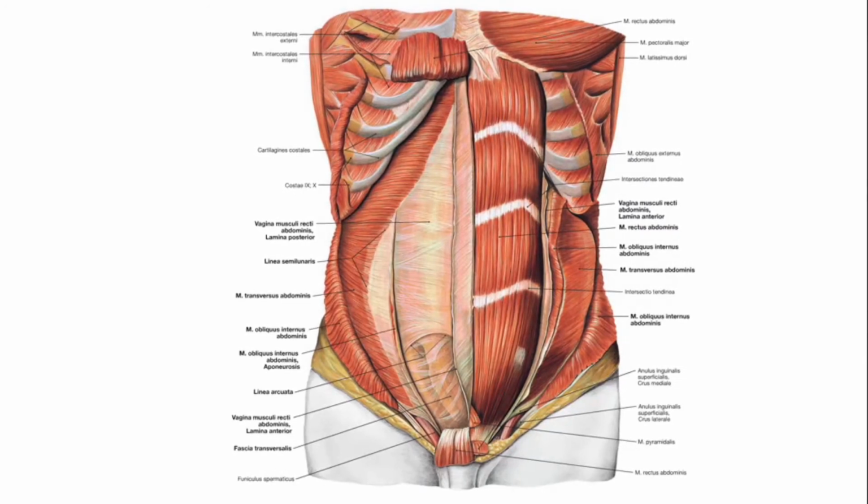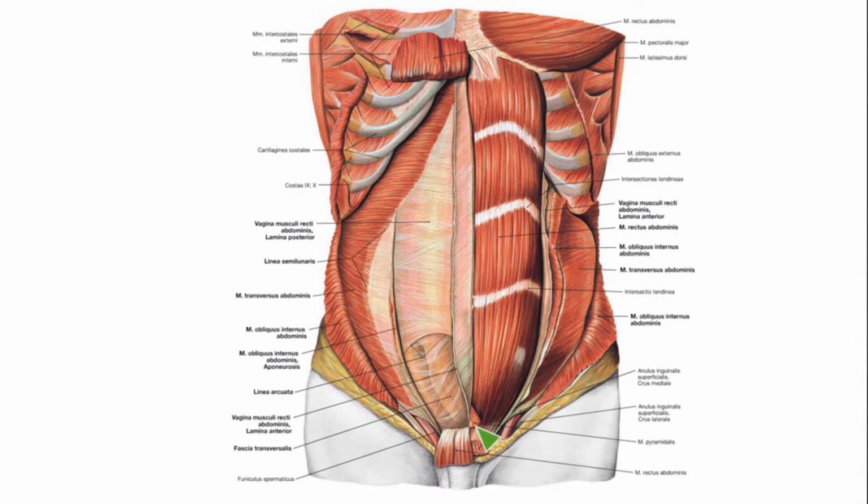It lies deep to the rectus sheath and would occupy a region between the rectus abdominis muscle itself and the anterior lamina of the rectus sheath. You can see it is shaped like a pyramid. This is just the left one. You would have a right one on the opposite side as well.